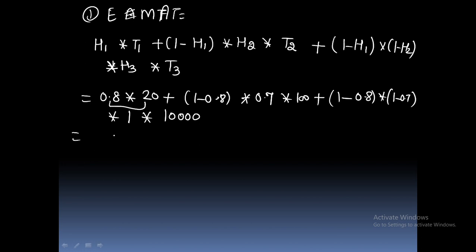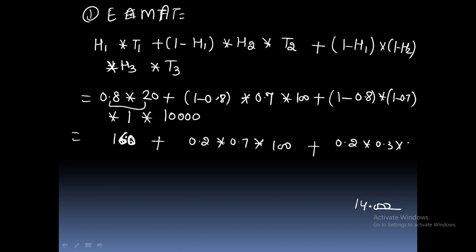When we multiply both, that is 16, plus 0.2 multiply 0.7 multiply 100, that is 14, plus 0.2 multiply 0.3 multiply 1 multiply 10,000.